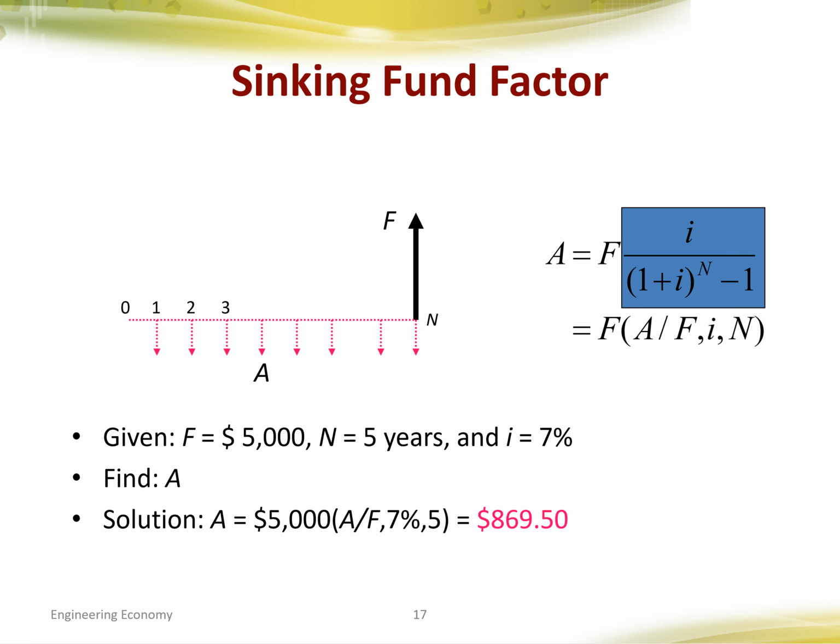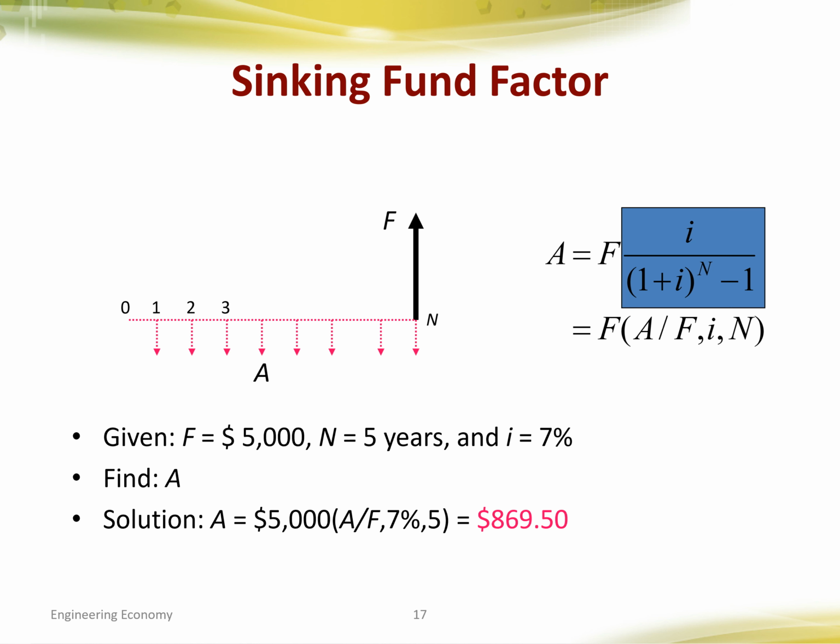So if we look at the example, we are given, let's just say F equal to 5,000 and n equal to 5 years, I still equal to 7%. We are given F, we want to find A, so the solution will be A equals 5,000 times this symbol, given F find A, 7%, 5 years, and we can look it up and find the coefficient and multiply by 5,000 and get 869.5.